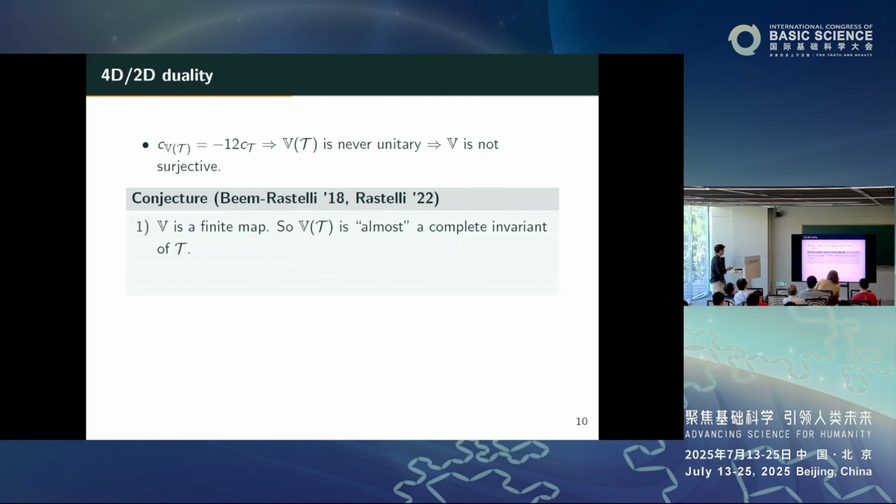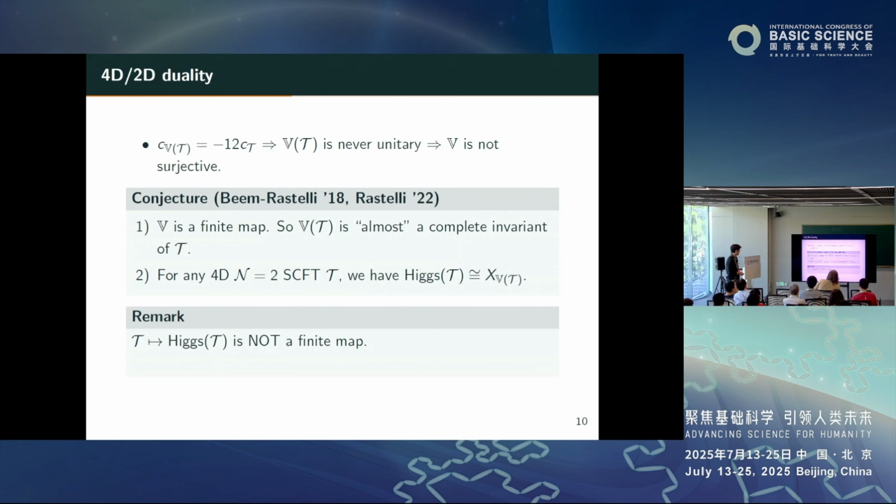And if it's true, then you should be able to recover many things about the 4D theory from the vertex algebra that you get from it. The conjecture is that one of the geometric invariants, the Higgs branch, is recovered as the associated variety of the vertex algebra. Okay.